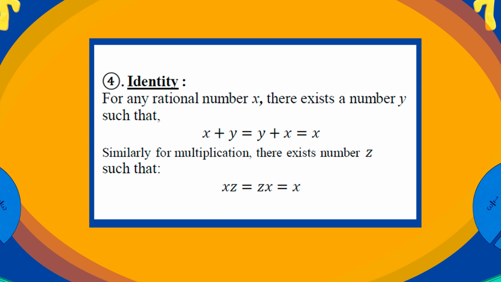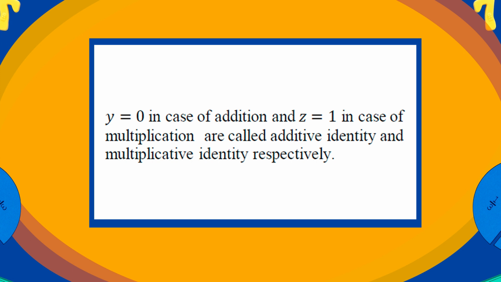Similarly, for any rational number x, there exists a rational number z such that x into z is equal to z into x, which is equal to x. In case of addition, y is denoted by 0. In case of multiplication, z is denoted by 1. These two numbers are called identity elements with respect to addition and multiplication respectively.